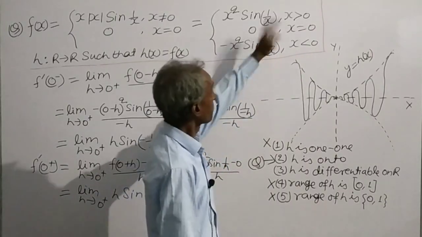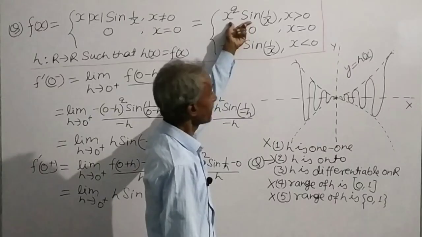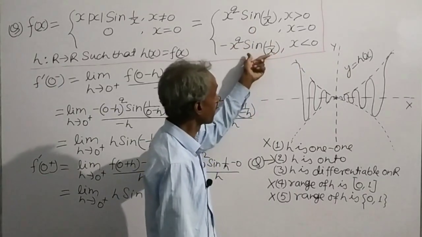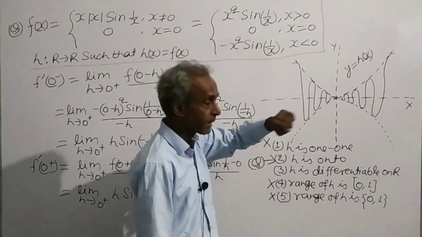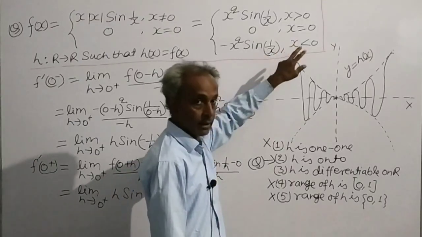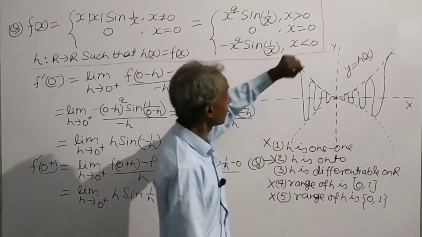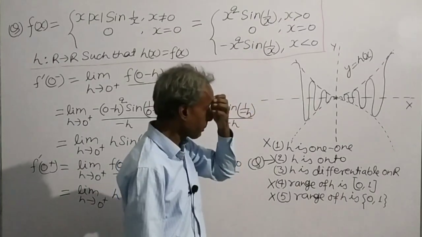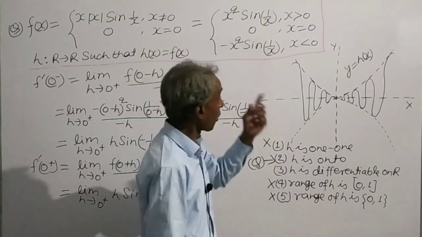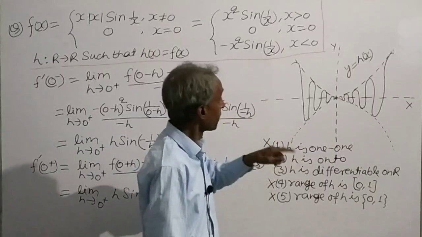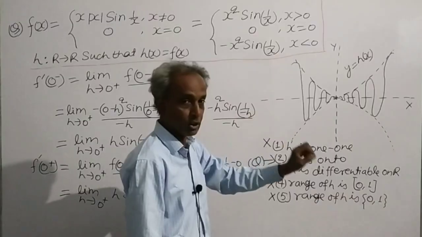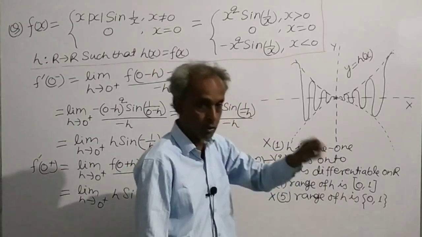But for positive x, h is given by this rule. For negative x, h is given by this rule. And at x is equal to 0, h is given by this rule. Therefore, we are not sure whether h will be differentiable at x is equal to 0 or not.